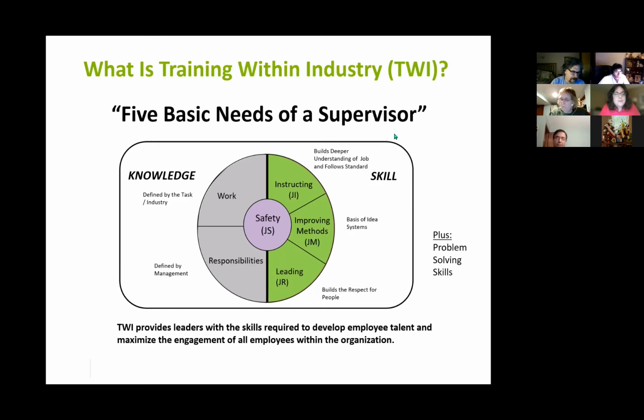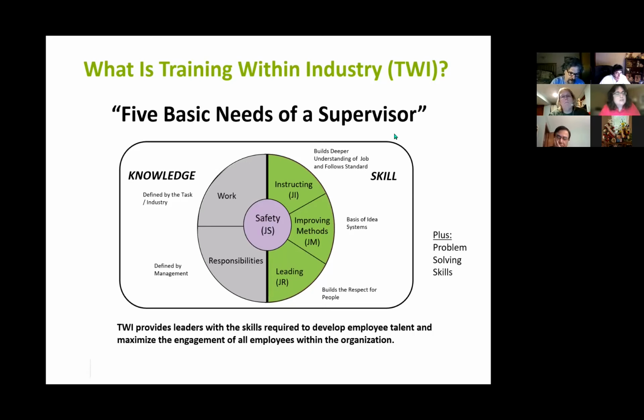The real purpose of the skill of instructing is to get people to follow standards. In other words, no variation in how we do our work. And this can apply to every job in the company. In order to do that, we have to build a much deeper understanding of the work that we do. So I'll talk about that in just a minute, a little more detailed.